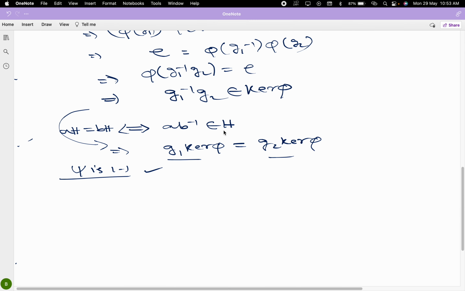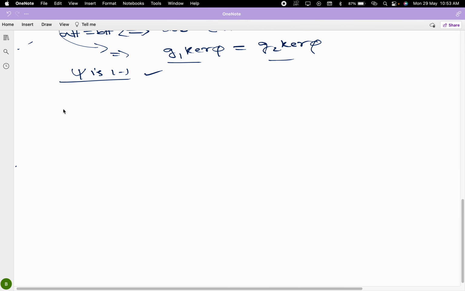So let's try to prove formally, although it is clearly visible, ontoness. Is it onto? Let the map be G mod kernel phi to phi of G, right?